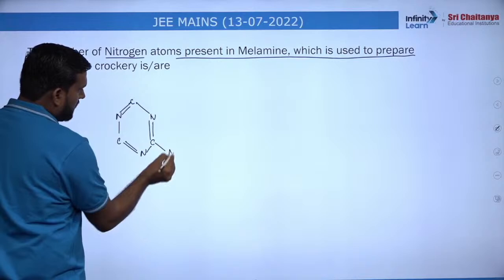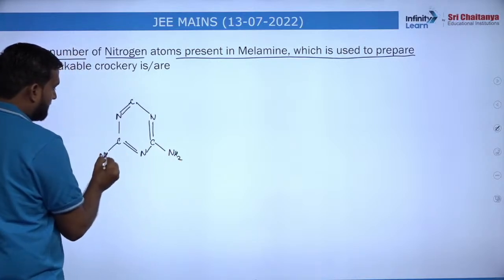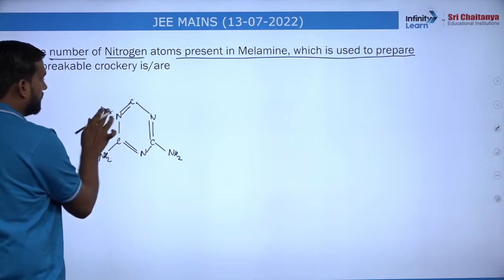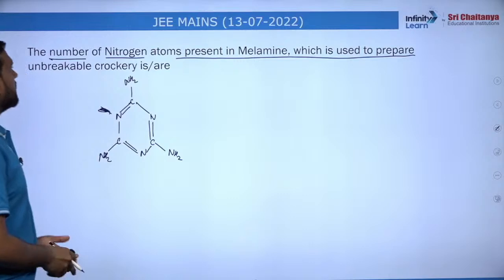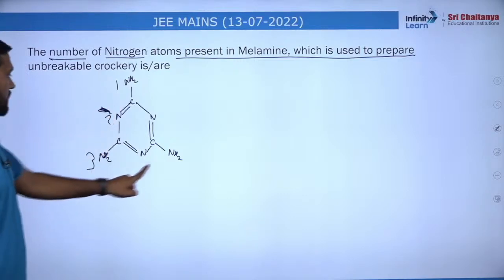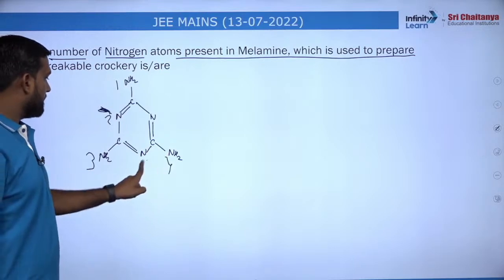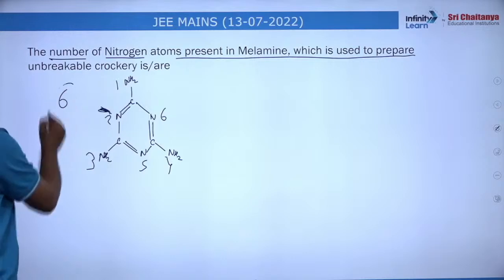Each carbon basically contains an NH2 group. So sorry, this will be here. How many nitrogen atoms are there? 1, 2, 3, 4, 5 and 6. So 6 of them are there. So the correct answer is 6.